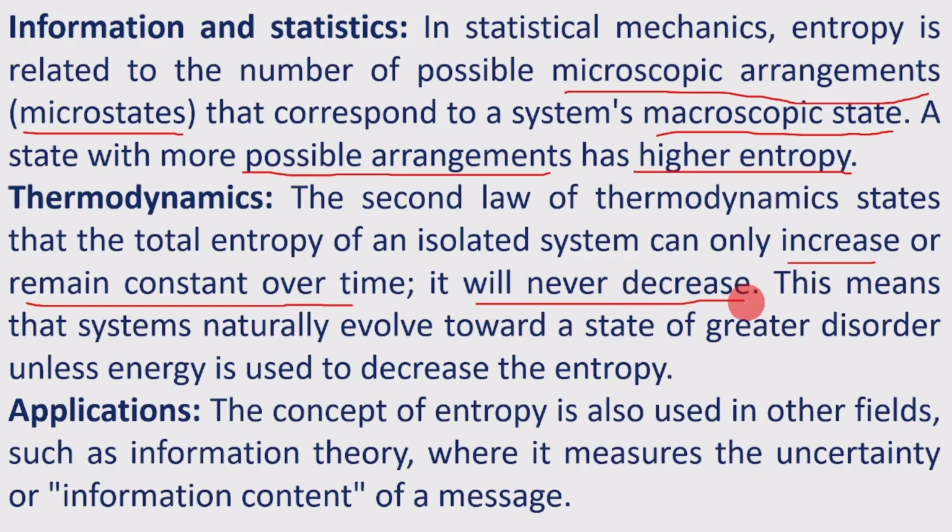In the second law of thermodynamics, we convert heat into work, and also transfer heat from a lower temperature body to a higher temperature body by application of work. For an isolated system, with energy and mass remaining constant, the entropy increases or remains constant over time; it will not decrease.